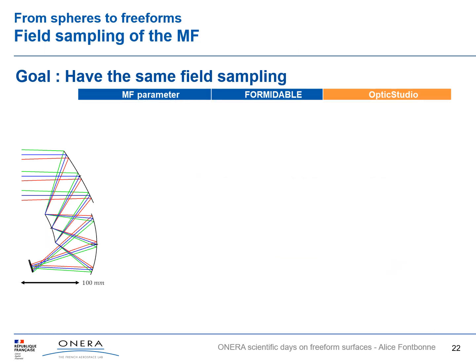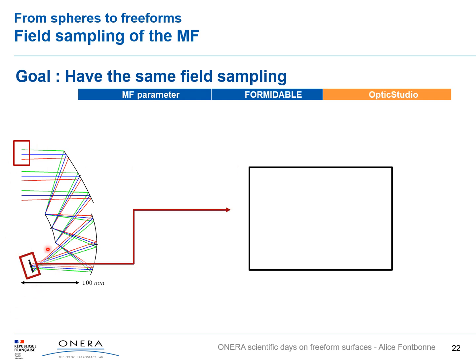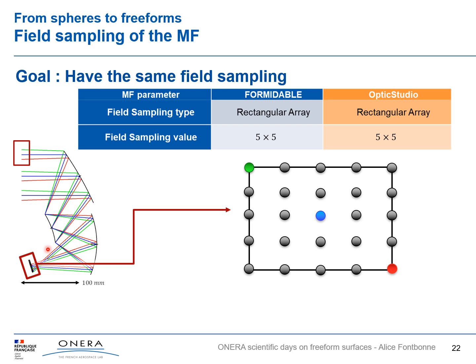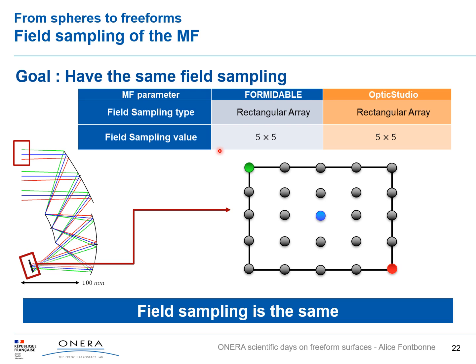The next goal is to have the same field sampling. So the field is here or here in the sensor, and Clément used 5 by 5 field sampling, and field sampling is the same in Optic Studio and Formidable.